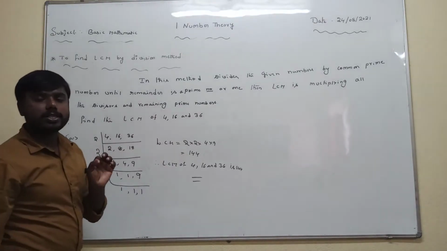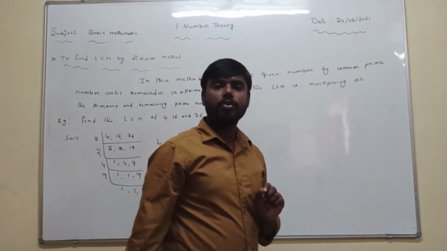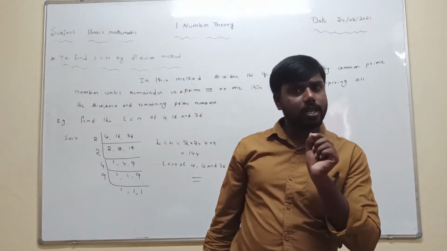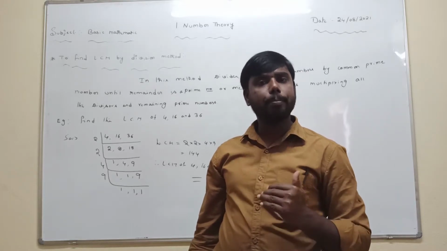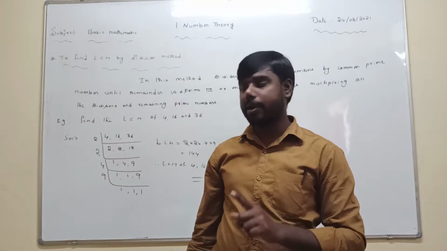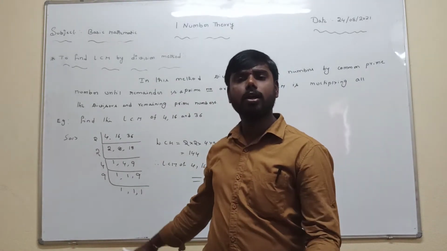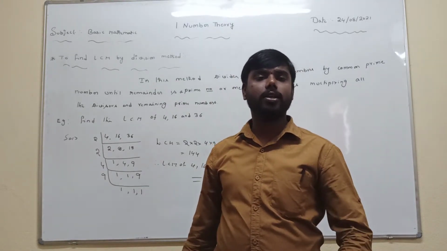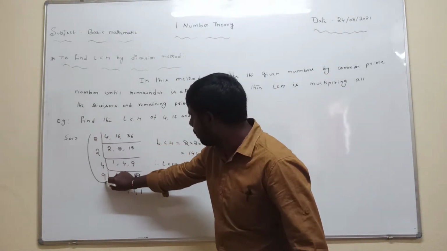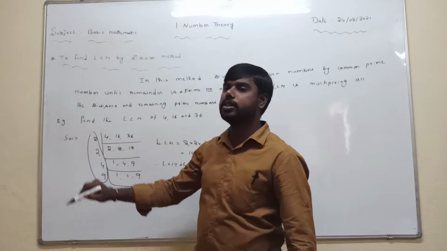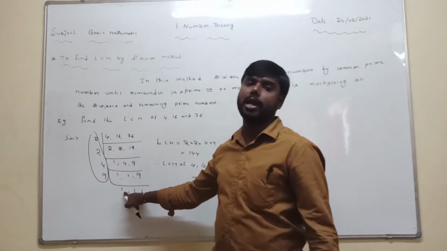What is the condition for the division method? It means divide all the given numbers by a common prime number until the remainder is 1 or a prime number. Then LCM is multiplying all the divisors and remaining prime numbers.